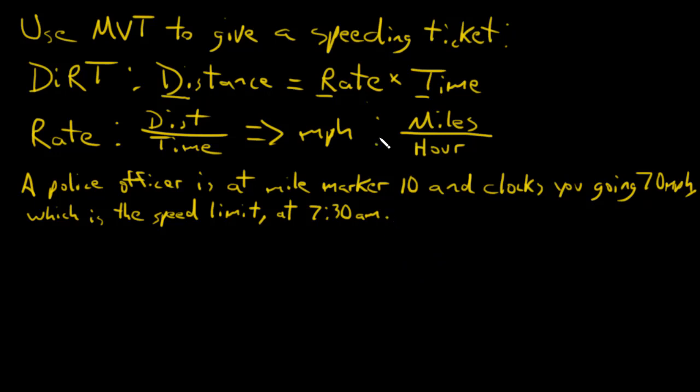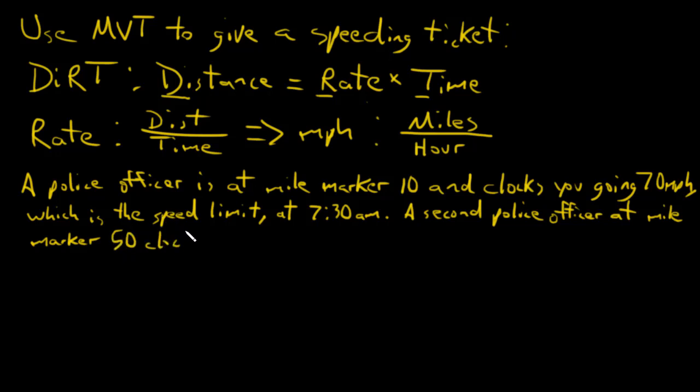So a second police officer at mile marker 50 clocks you going 70 miles per hour at 8 o'clock a.m.